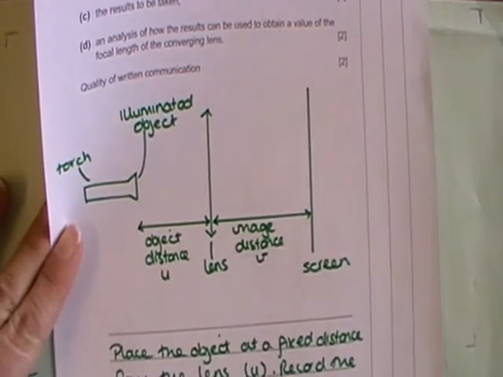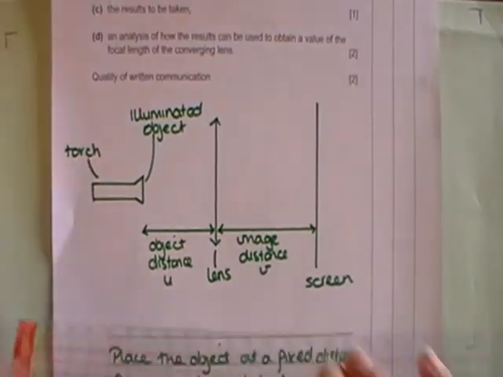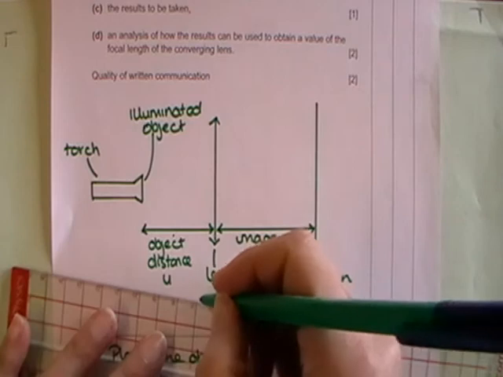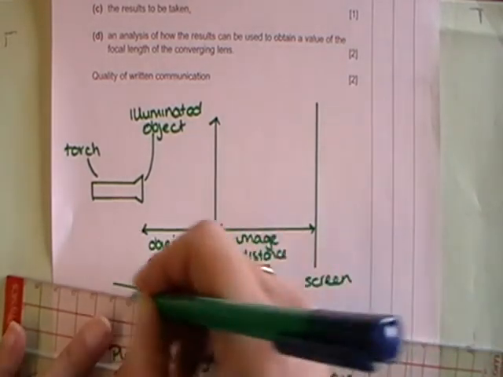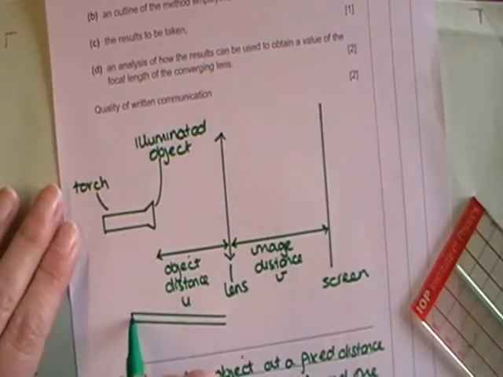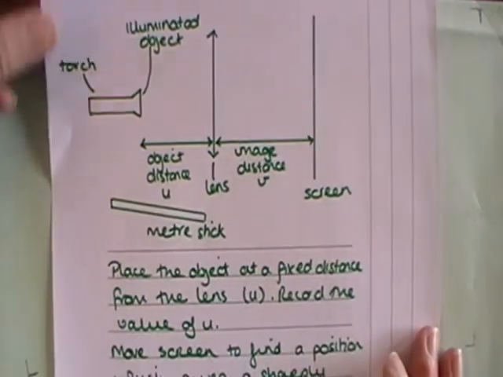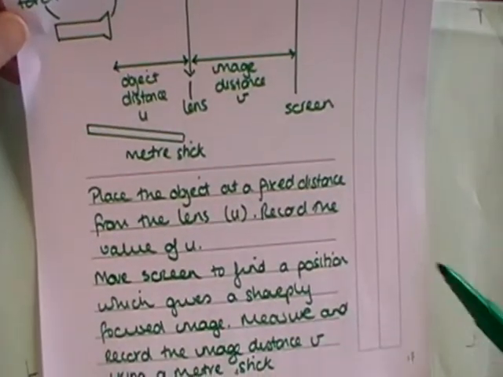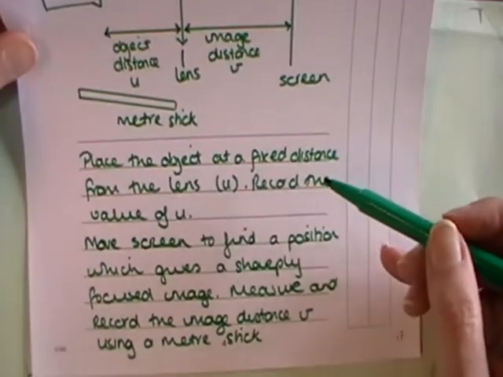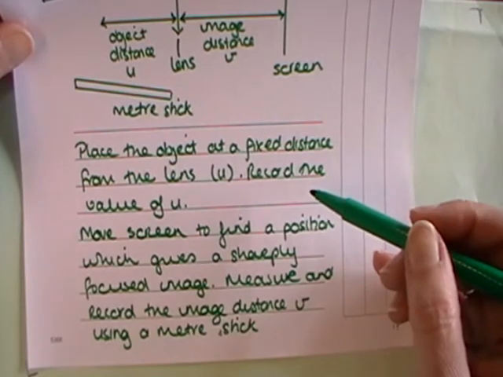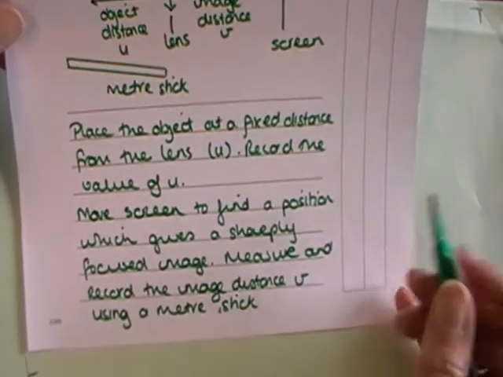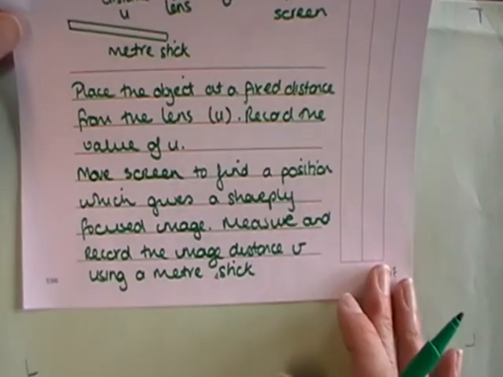That's something we should have perhaps drawn into our diagram, a meter stick. Sometimes whenever you're doing your method, you will find you've left something out of the diagram and you can return to it. So firstly, we place an object at a fixed distance and record the value of u. Move the screen to find a position which gives a sharply focused image.